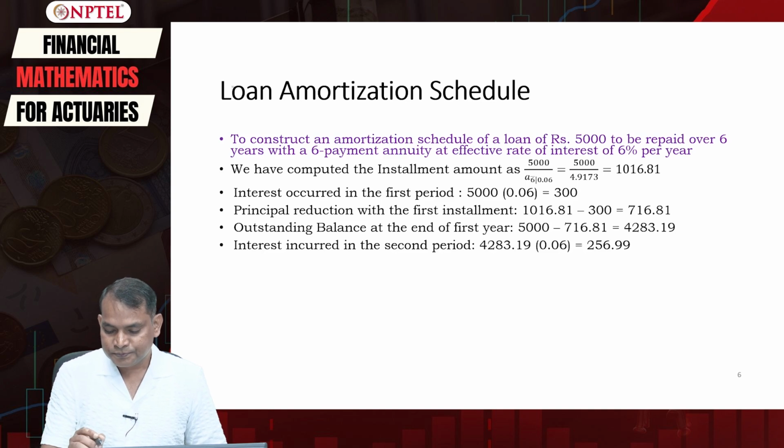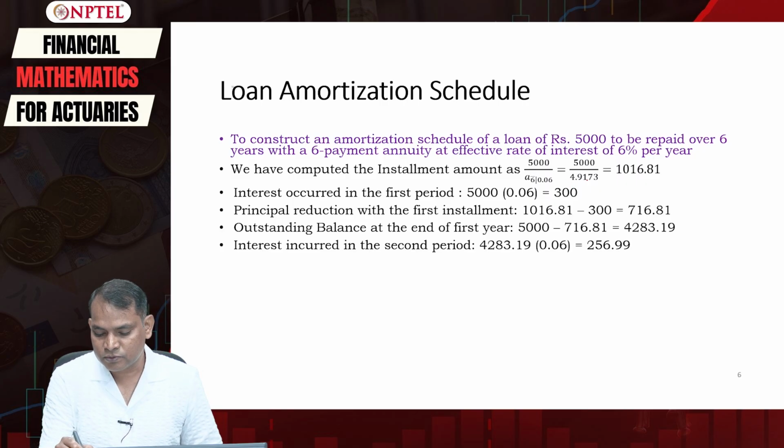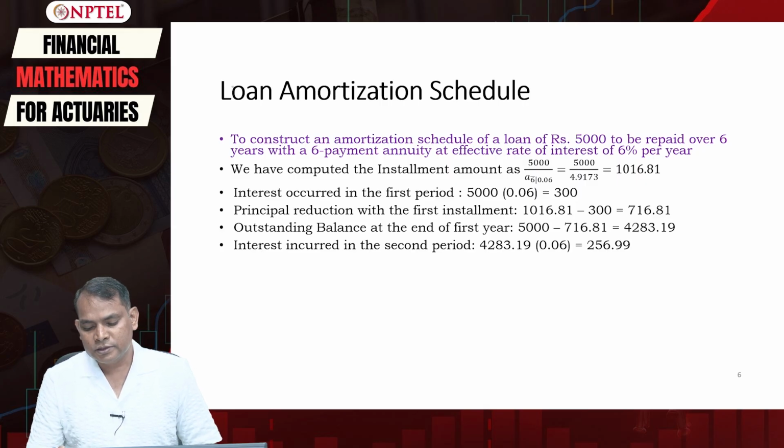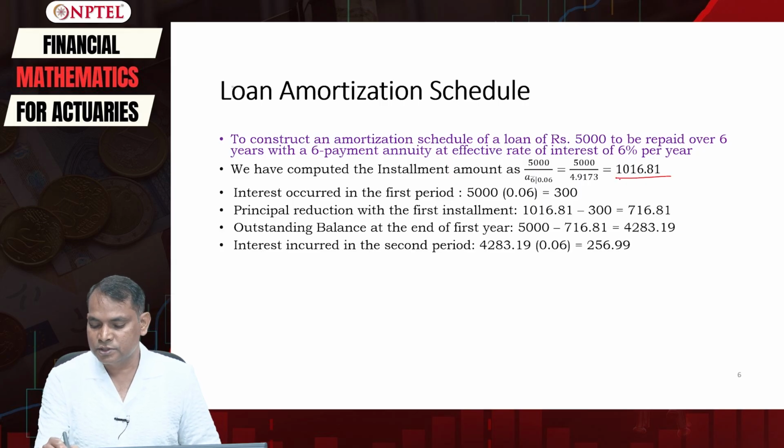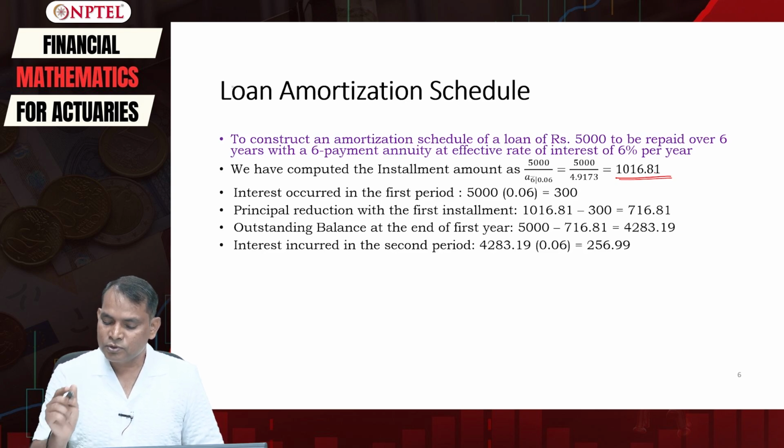If you compute it, taking 4 numbers after the decimal, we will have 4.9173, and upon division we have 1016.81. This is the installment amount, 1016.81. From this, how much will go towards the interest amount and how much towards the principal reduction?